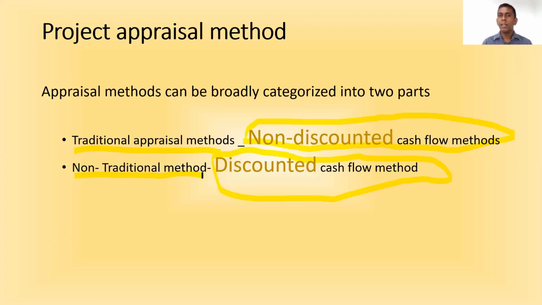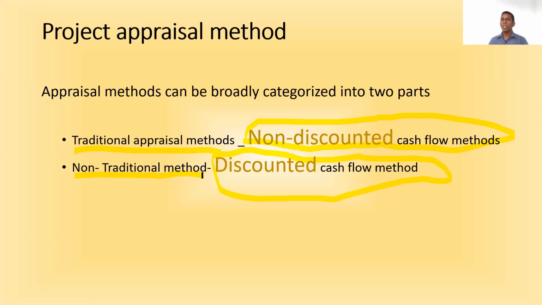What are the groups? The first one is non-discounted cash flow method, the second one is discounted cash flow method. Non-discounted cash flow methods can be called traditional methods, and discounted cash flow methods can be called non-traditional methods.